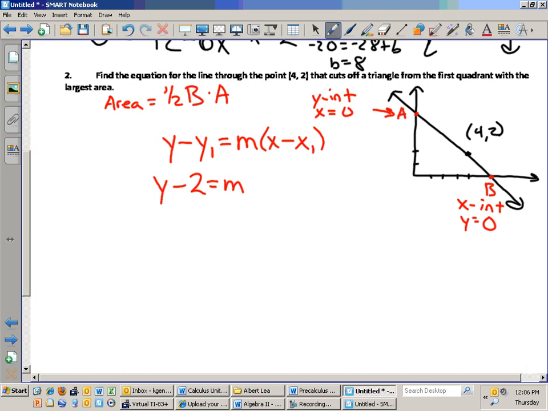And 0 minus 4 would be negative 4. So if we solve for this, the y-intercept is equal to negative 4m plus 2. Agreed?